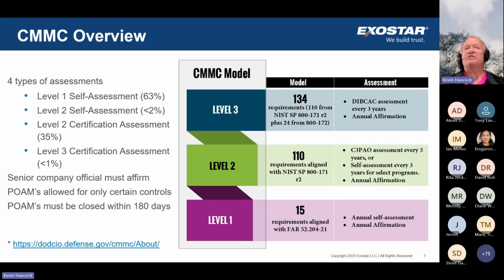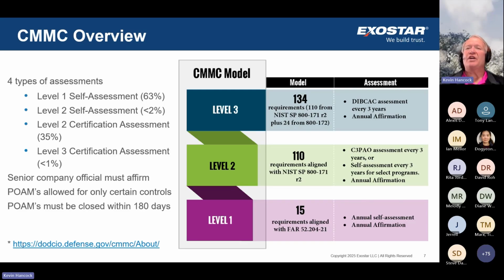That's 63% of the defense industrial base. In those cases, you typically only need to secure federal contract information, or FCI. There are 15 requirements that you need to meet. You're going to self-assess that you do those things, and you're going to affirm that you do them annually.